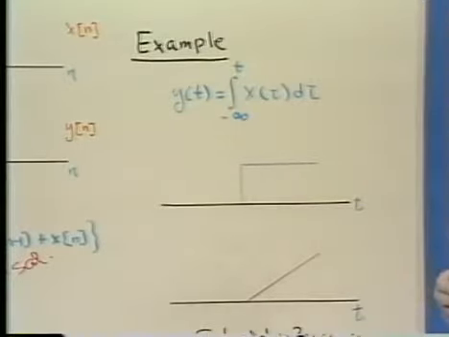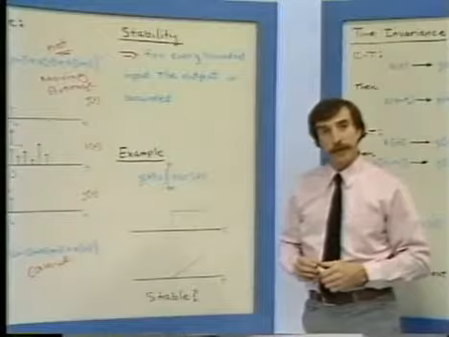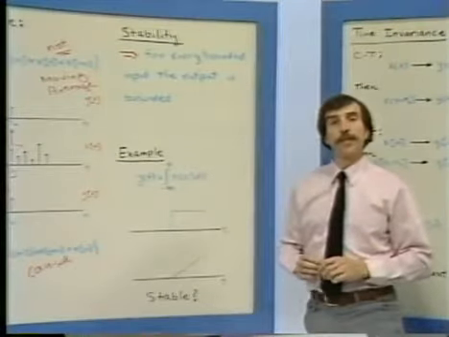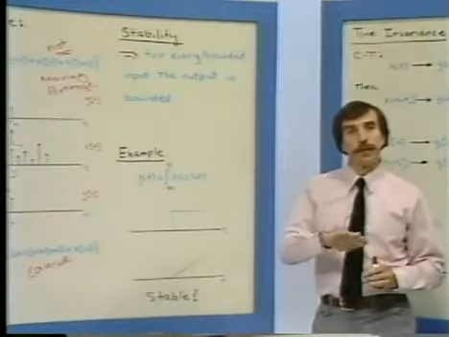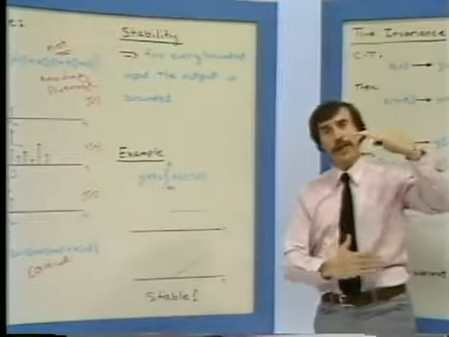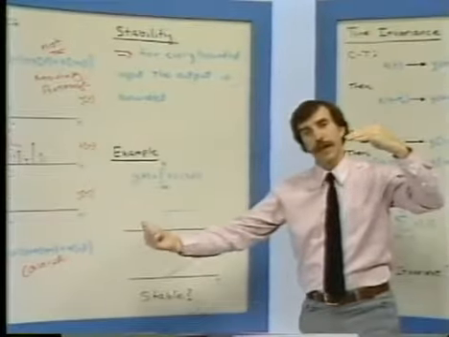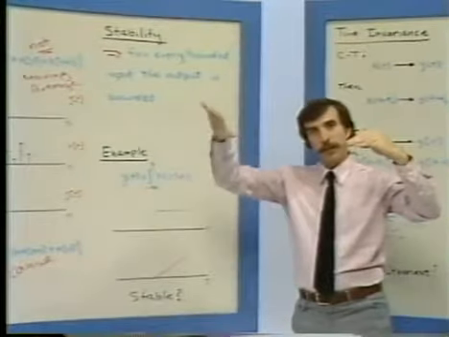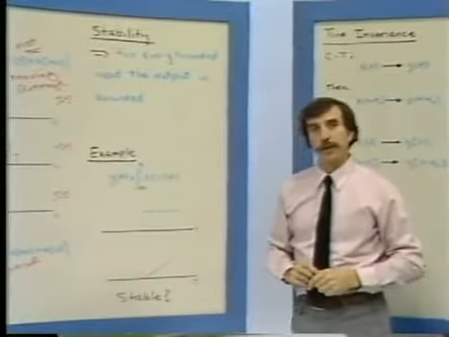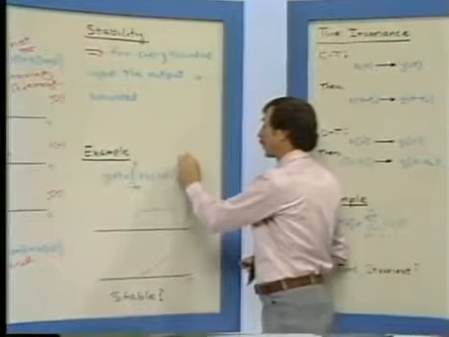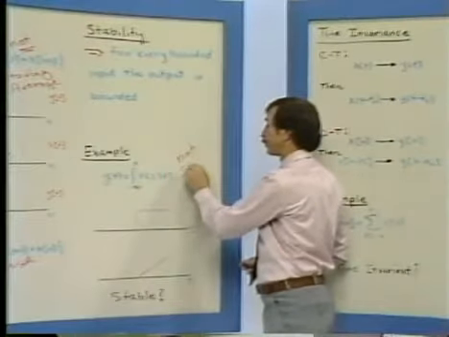Now, the question is, is the ramp unbounded? The input is bounded. The step input is bounded. The ramp is unbounded because if you try to establish any bound on it, you can always go out far enough in time so that the output will exceed that bound. So, in fact, the integrator is not stable.